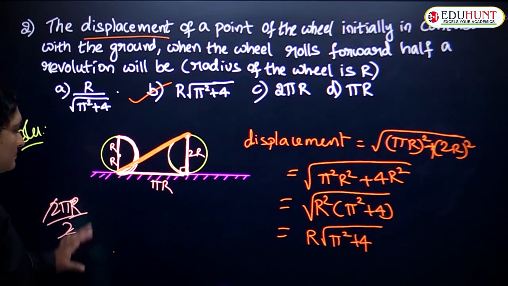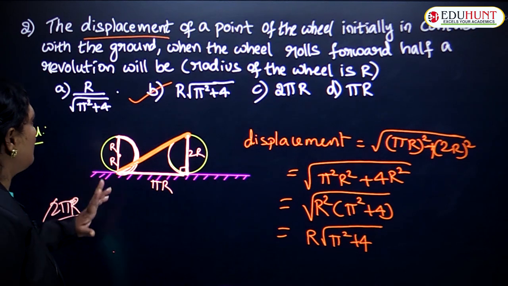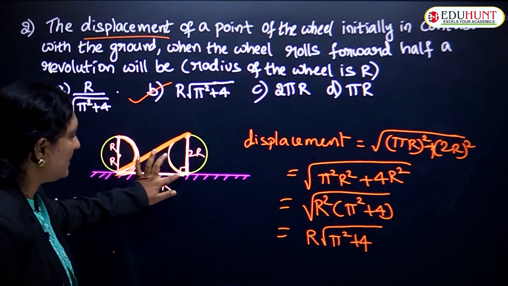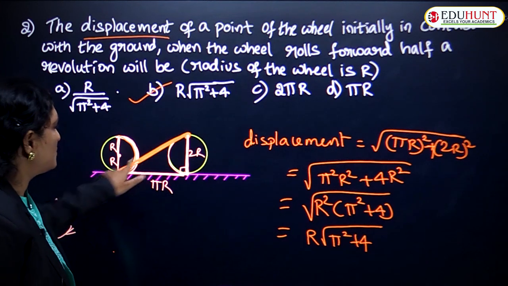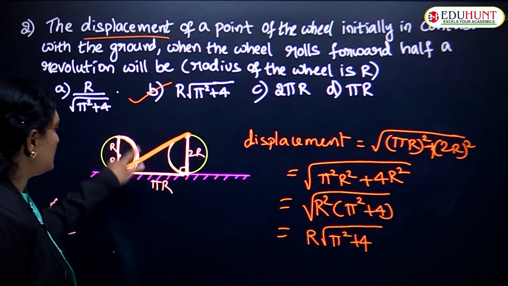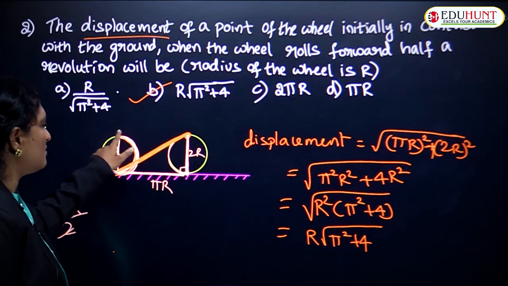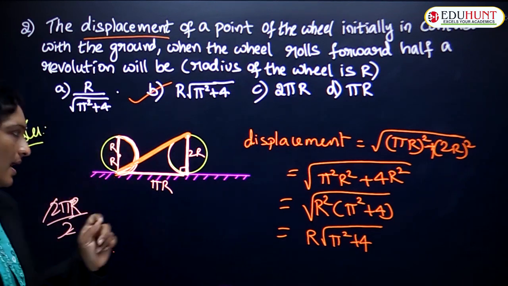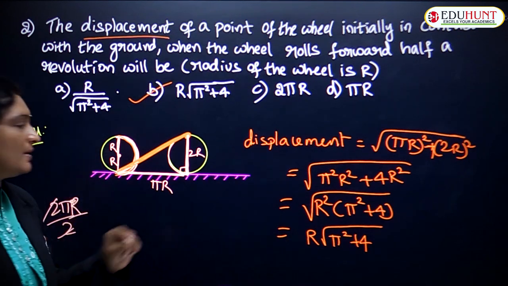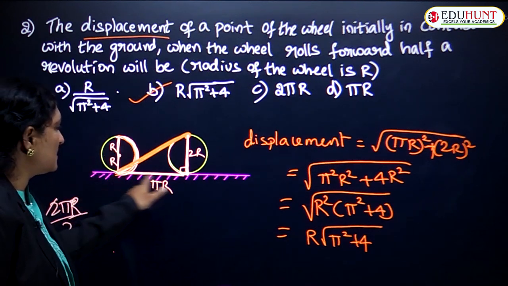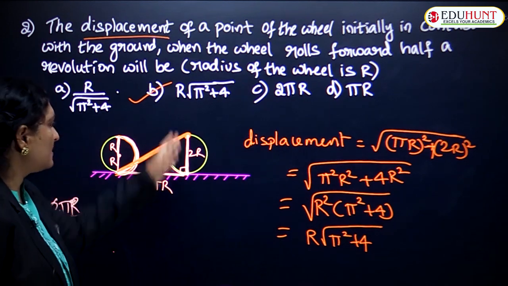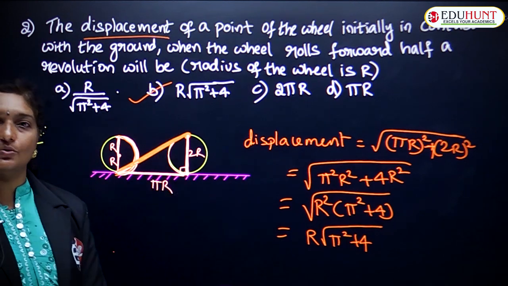Okay children. Hope you understand. So let me repeat once again. This semicircular portion after rolling has come here, so that this portion would have reached here. Then this semicircular length will be pi R, because the total is 2 pi R, and half is pi R. As it touches the ground from here to here, the total length was taken as pi R and the diameter of the circle was taken as 2R.